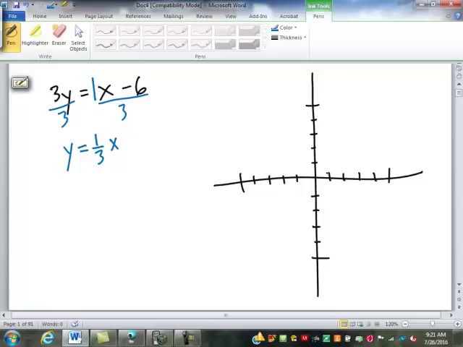And then -6 divided by 3 is -2. So when I graph it, I start at -2. From there I go up 1, over 3.